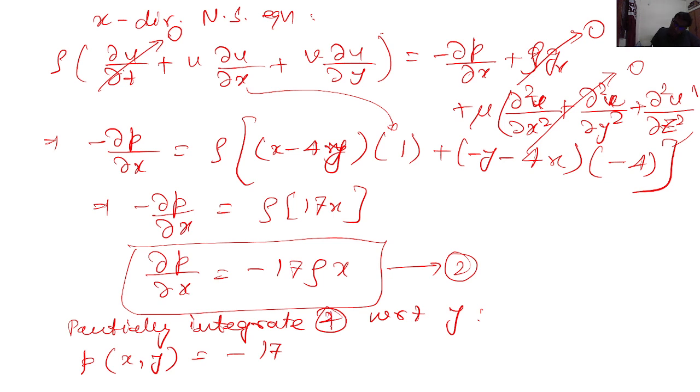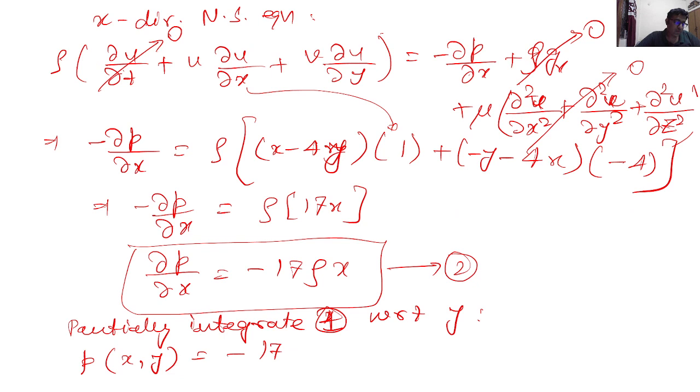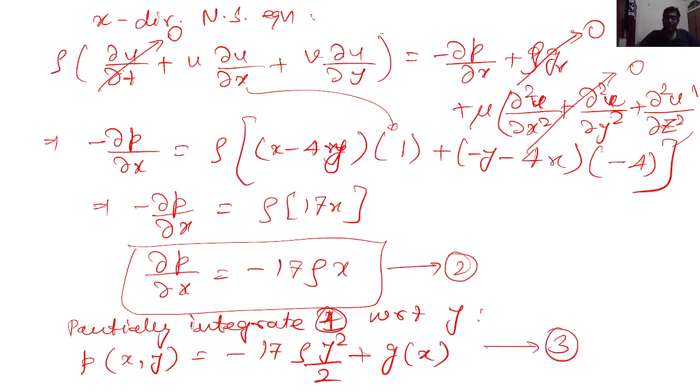We would firstly do it with expression 1 so that the expression becomes a bit easier. So del p by del y was equal to minus 17 rho y. So p will be minus 17 rho y square by 2 plus an expression of x, because it was partial integration. This will be expression number 3.